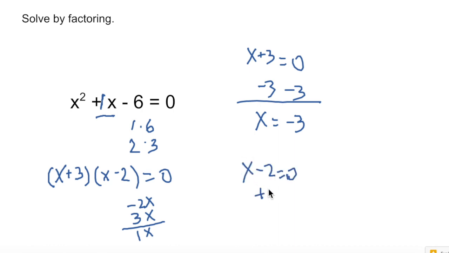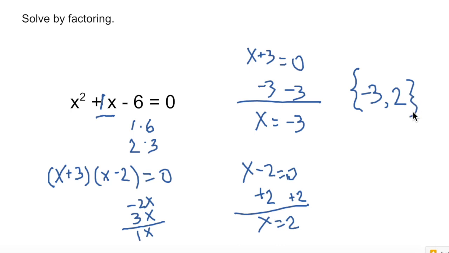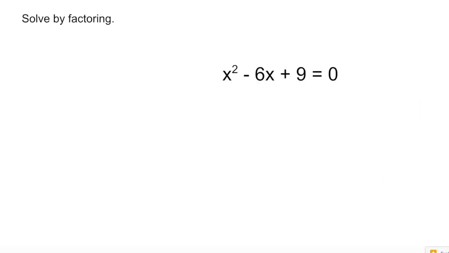And we're going to add 2 on both sides. And we get x equals 2. So our solution set looks like this. It looks like negative 3, comma 2. Those are our two solutions for this quadratic equation.